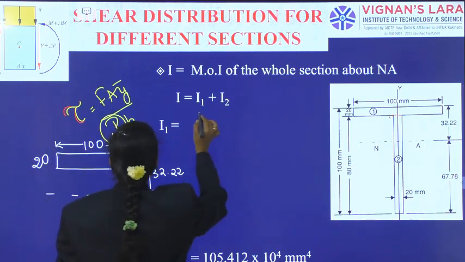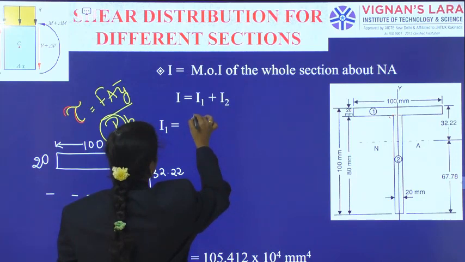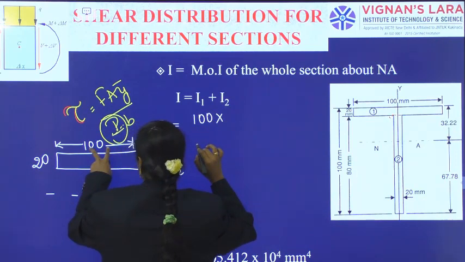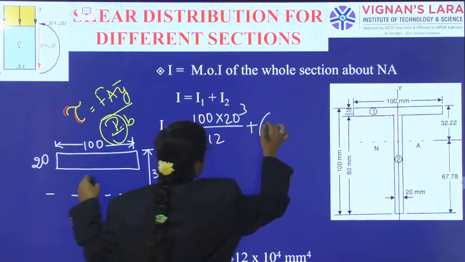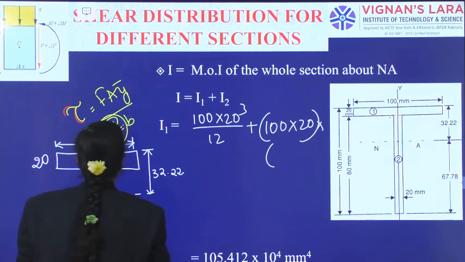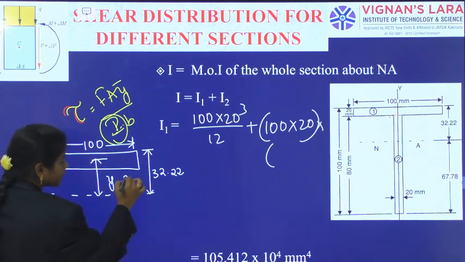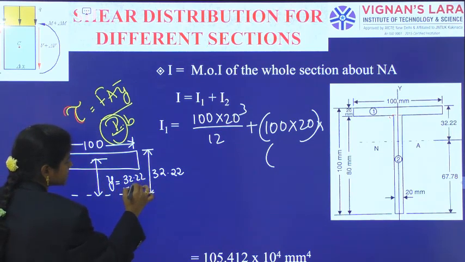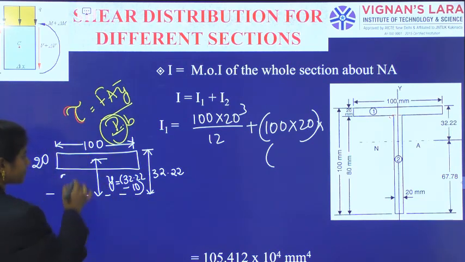Now I have to calculate the moment of inertia of this segment. As it is passing through the centroid, it is 100 D cube by 12 plus 100 into 20 into y, the distance from the centroid to the axis, which is 32.22 minus 10, because the leftover portion is half of 20, that is 10.